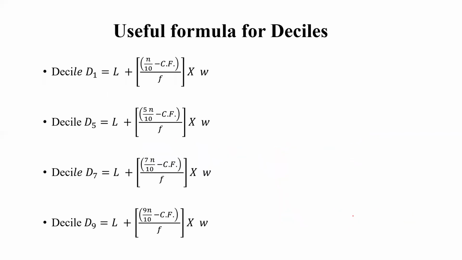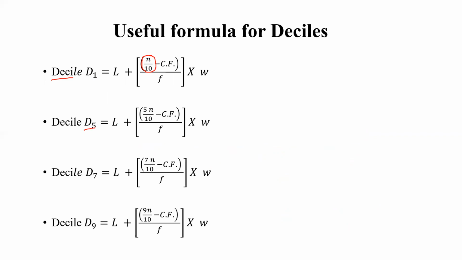And there are some useful formulas for deciles if we have grouped data. As we know, for median we take n by 2 and for quartile n by 4, and here we are going to calculate deciles. That's why it is n by 10. 1 multiplied by n by 10.